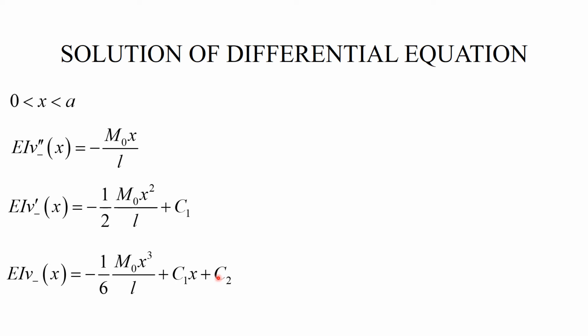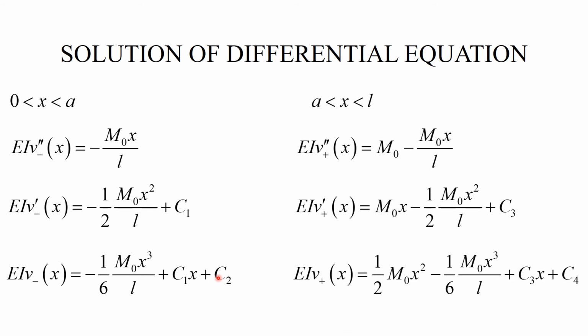We do pretty much the same thing for the right branch. That's where we start. That's the differential equation. We integrate it once. We have a new constant. I call it C3. We integrate it one more time. We get another constant, C4. So if I look at these functions, I see that there are 4 constants, C1, C2, C3, and C4.